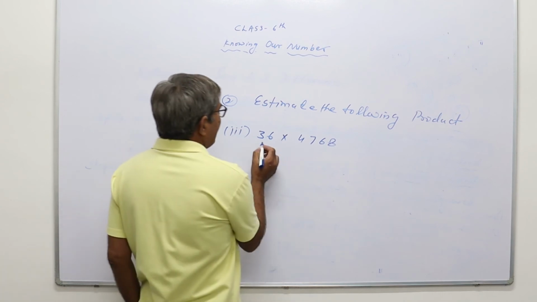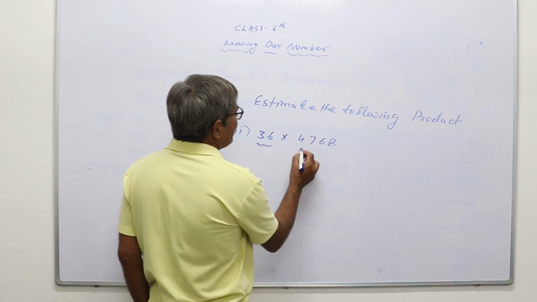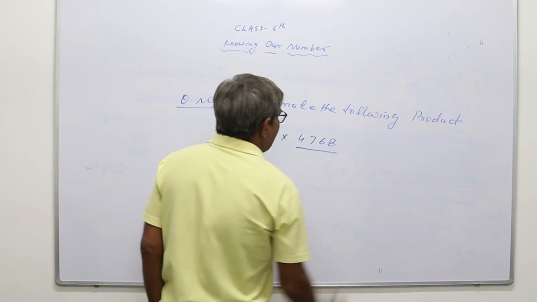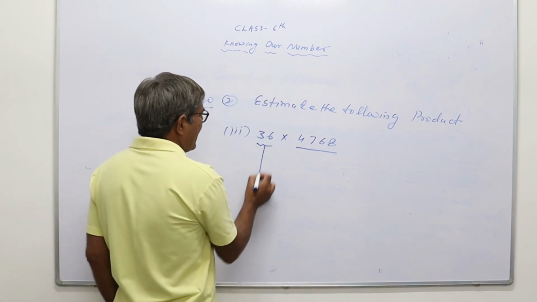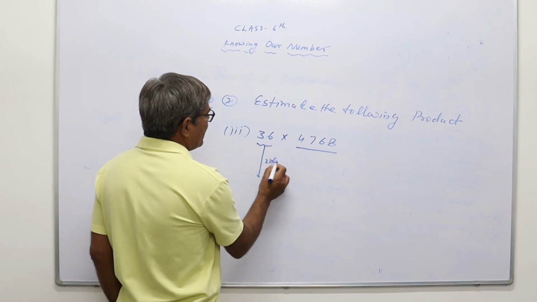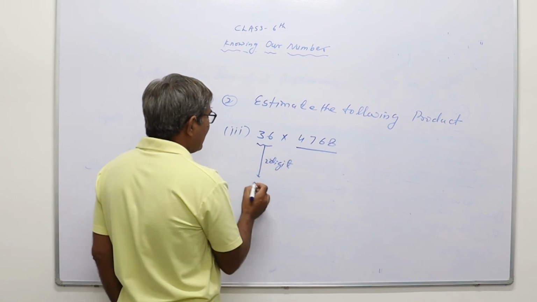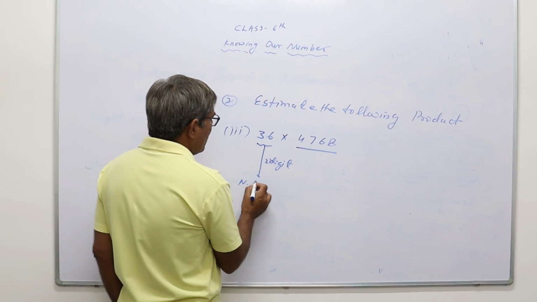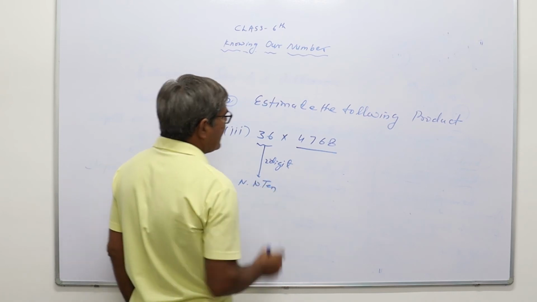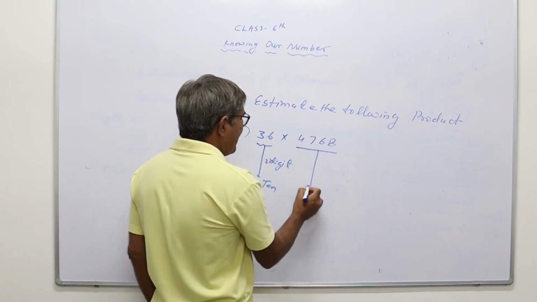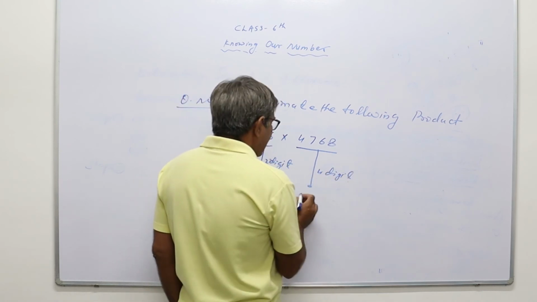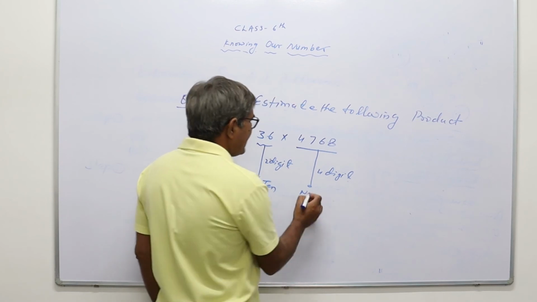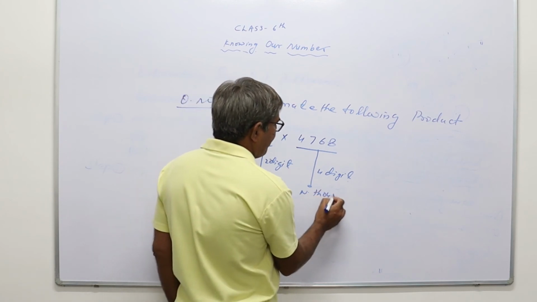So here see, we have to multiply 36 with 4768. The first number contains 2 digits, so it will be converted to the nearest 10. This number contains 4 digits, so we convert to the nearest 1000.